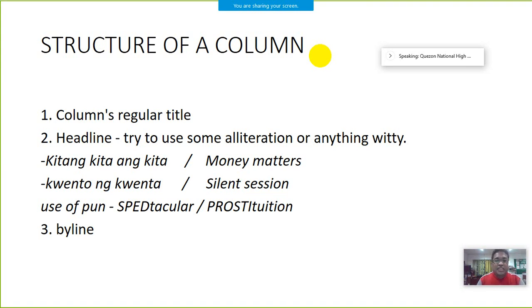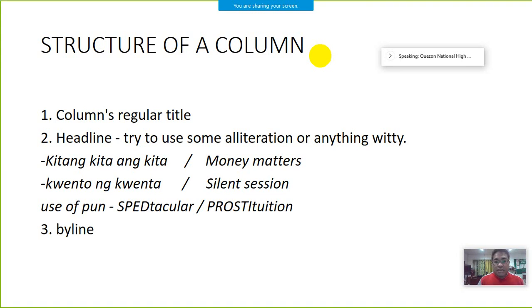Try to use some alliteration. If you remember from our English classes, alliteration is the initial repetition of consonant sounds. Money Matters, both start with M. Silent Session. An editorial column is very effective if the title uses some kind of alliteration or anything witty.